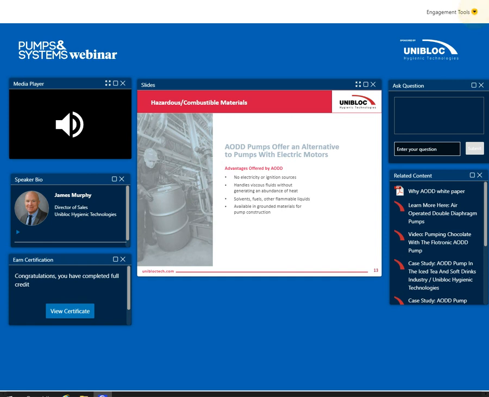So, segue right into it: AOD pumps offer an alternative to pumps with electric motors. What are some of the advantages? As we just talked about in the mining industry, but it could be used for transferring solvents in a plant, there's no electricity, so there's really no true ignition source. When you think back to the days, I might be dating myself, when you used a drill, they weren't cordless.